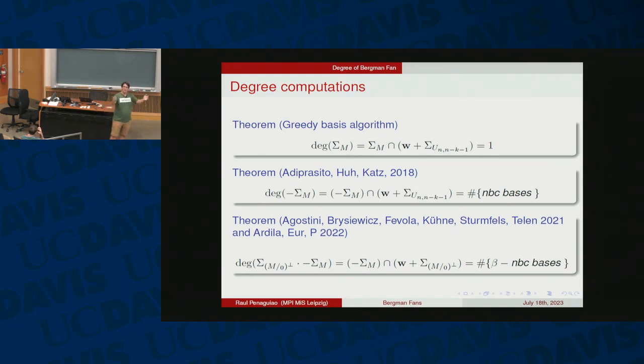We can find a way of corresponding them one to another. With the extra advantage that the result from Agostini et al. was for representable matroids, but you can get Bergman fans for any matroids. So this algorithm extends this equality to non-representable matroids. And this is what we do.